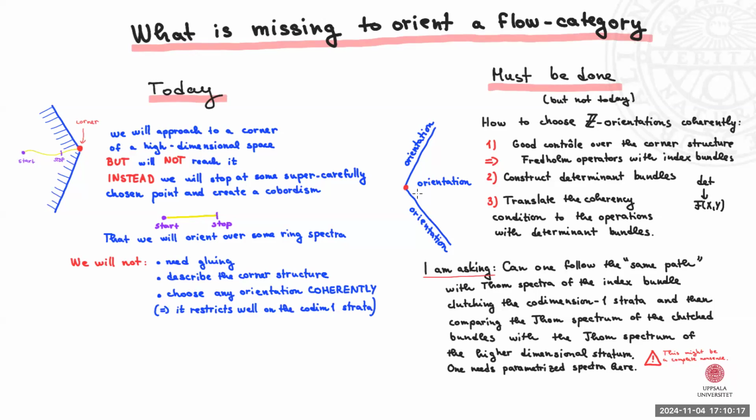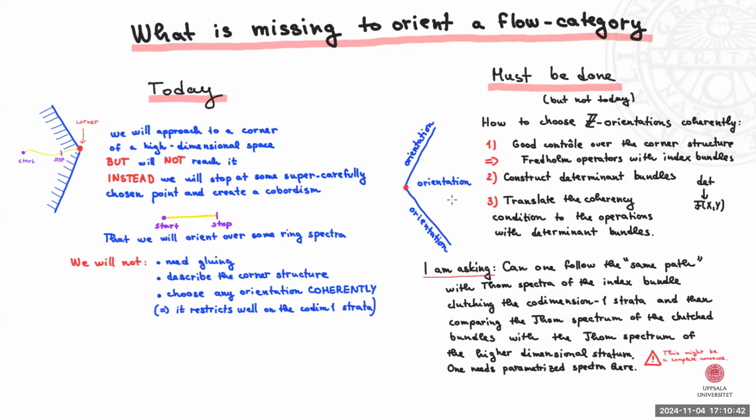If you don't know what those things are, just feel free to ignore me. And then the orientation on this big codimension 1 stratum restricts well to the other codimension 1 strata, which is just going to get translated to some operations on those determinant bundles. So that's the vibe for Z orientations.